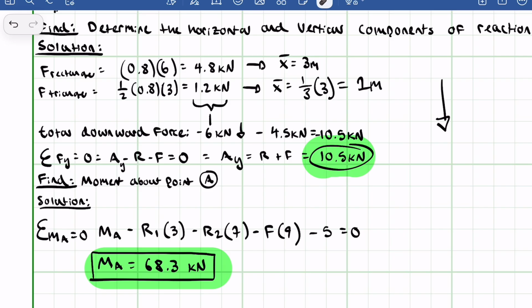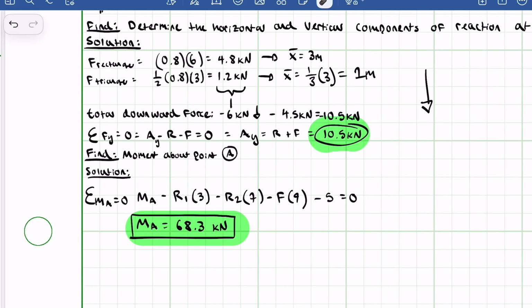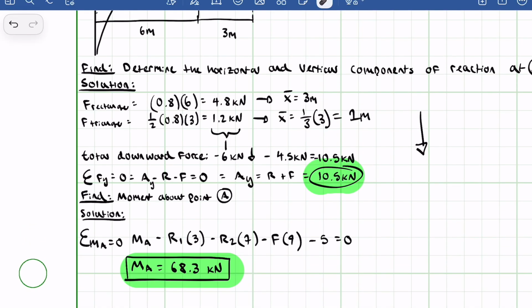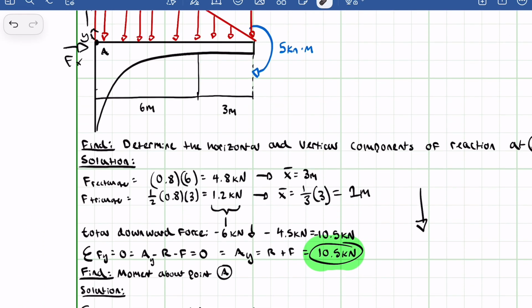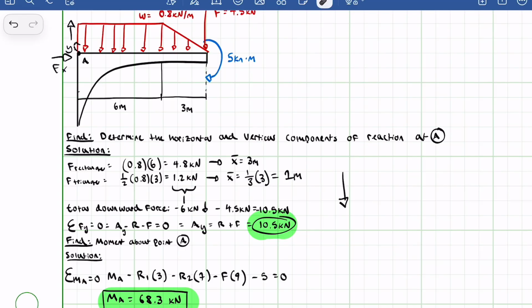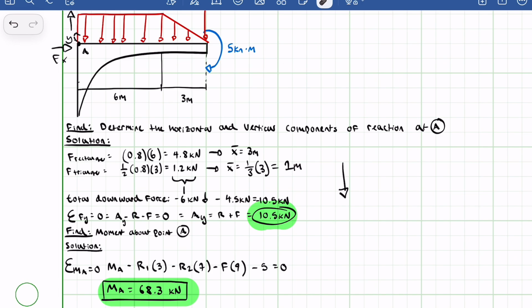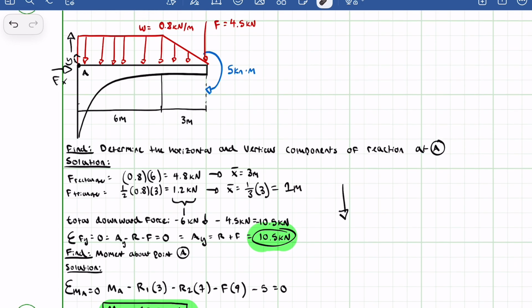And then you're asked to find the moment at A, and so now you have to think about, okay, the moment at A. When it asks for moment, you're thinking about all of the forces and their distance away from that point, right? So we'll start with the triangle. You want to calculate its moment.